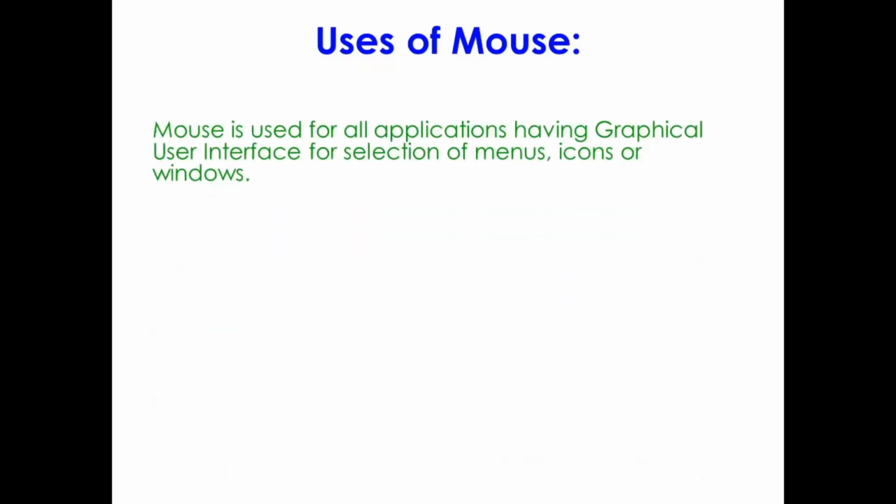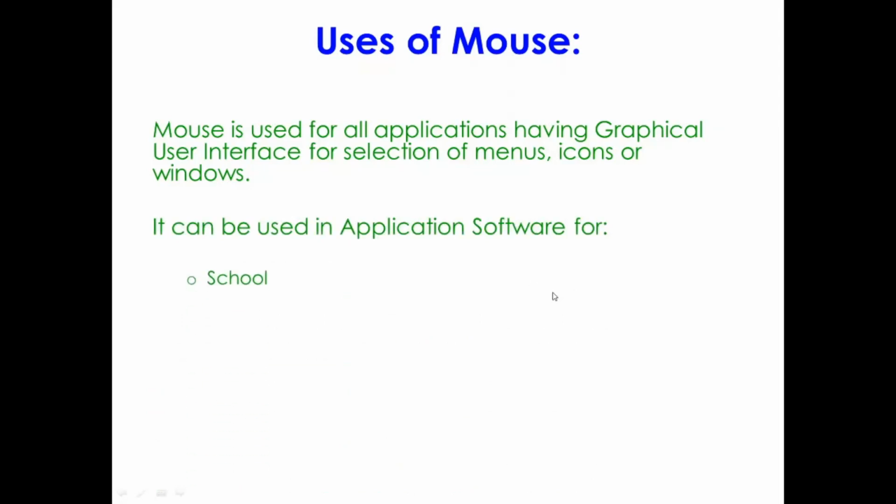Now, what do you do with the mouse? Mouse is used for all applications having a graphical user interface. Graphical user interface means you have windows, menus, icons and pointers, and you can use it with different software.